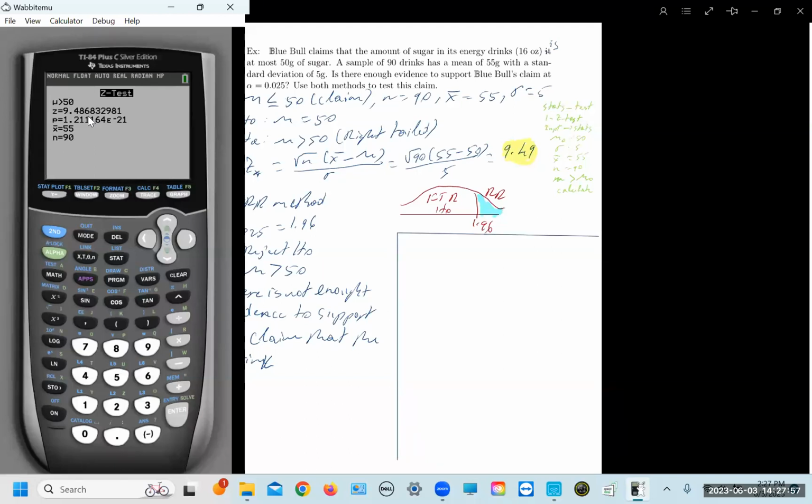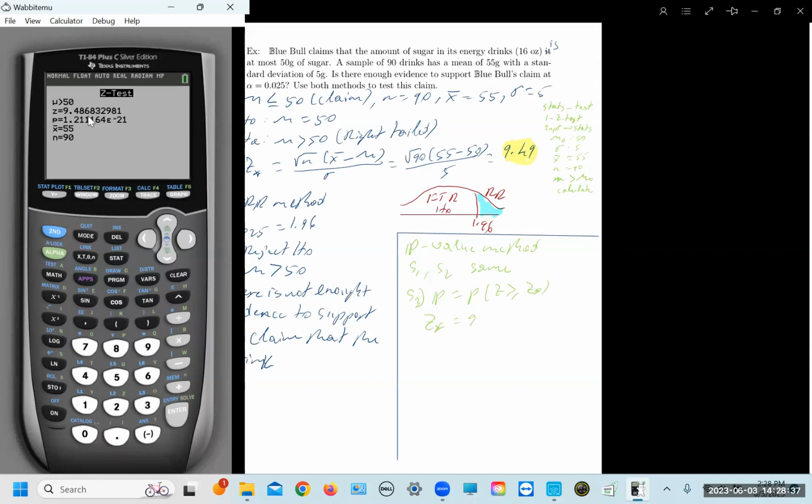Okay, now the p-value method. So step 1, step 2, then step 3. So P equal P of Z greater than or equal to Z star, and Z star is in here.